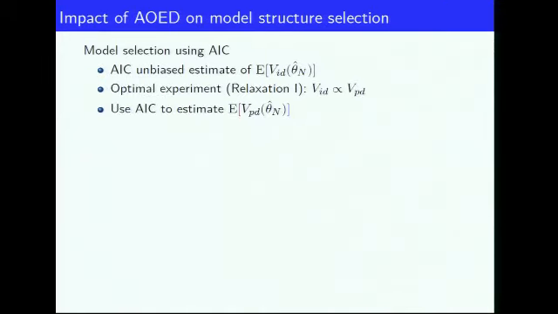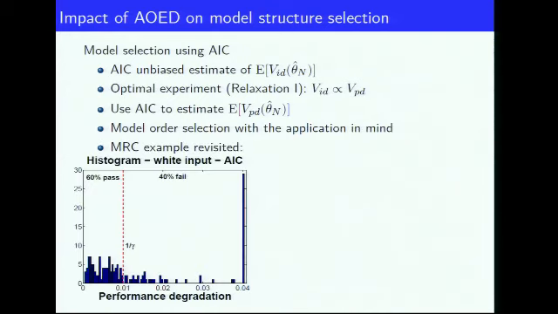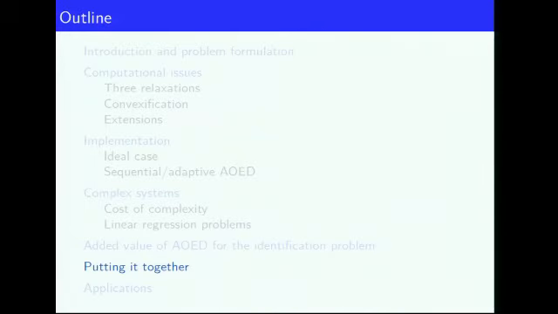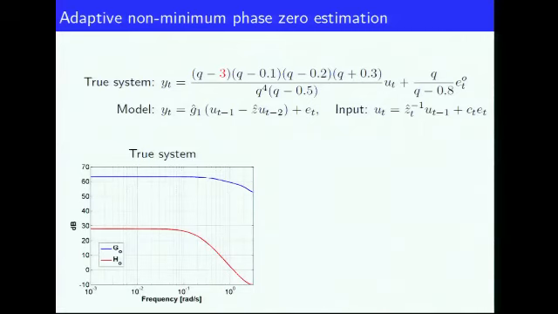I think I will skip this with the AIC and conclude here by illustrating the power of experiment design on the identification problem. Here is a system with a non-minimum phase zero at 3. We have quite some dynamics, and we also have colored noise.